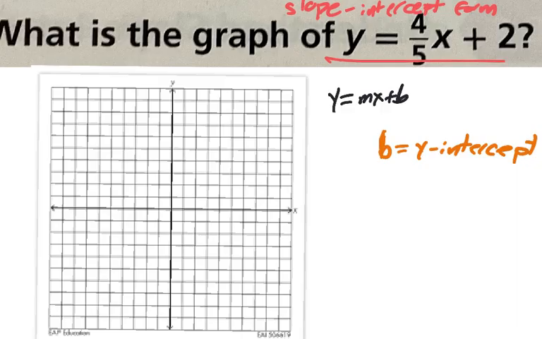So if this is in y equals mx plus b slope-intercept form, what do you think about that m? M is the slope.